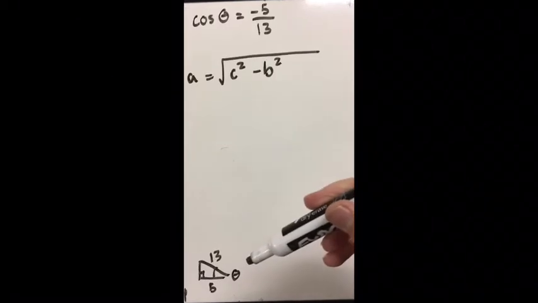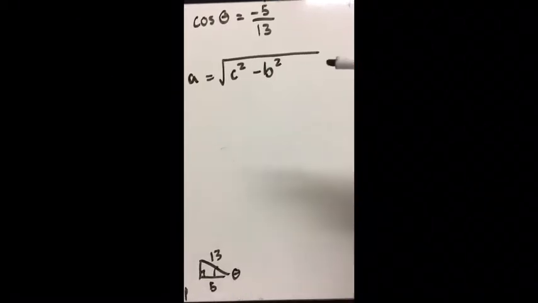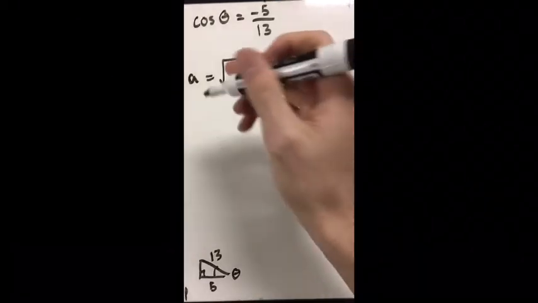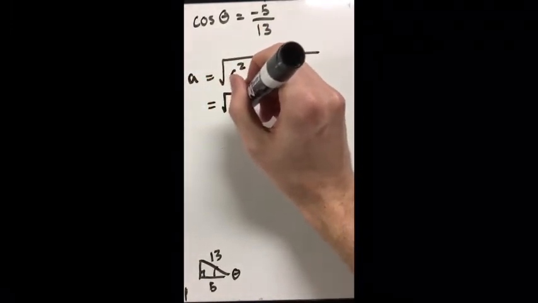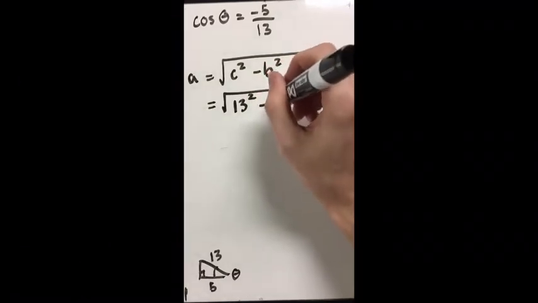So now we will solve for the side length a. I have a little reminder diagram in the bottom here, and I've copied the equation back up here. So a is equal to c squared, which we know is 13 squared, minus b squared.